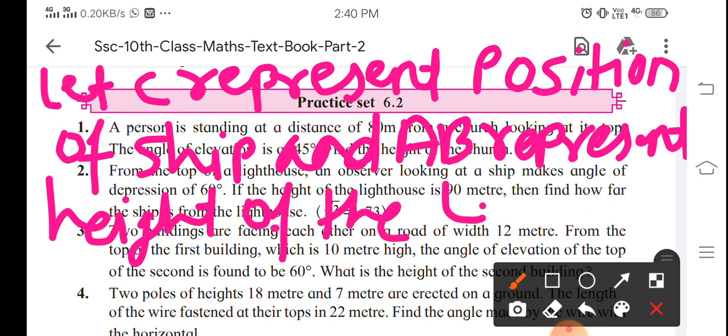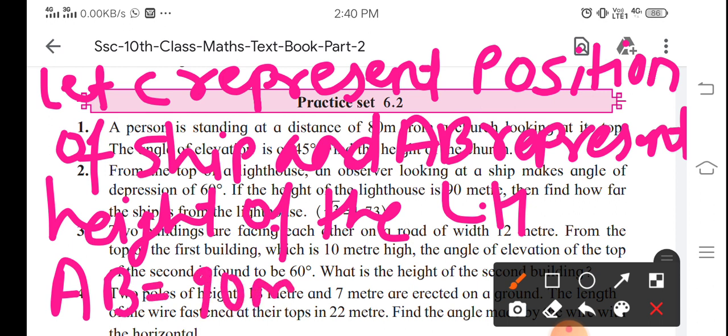I'm just writing LH. And what they have given: AB is the lighthouse, so you can write AB is equal to 90 meter, which is given. Just write it in brackets as given.